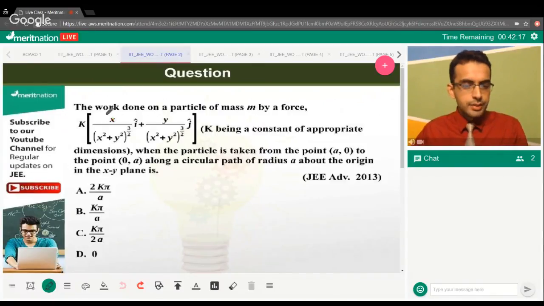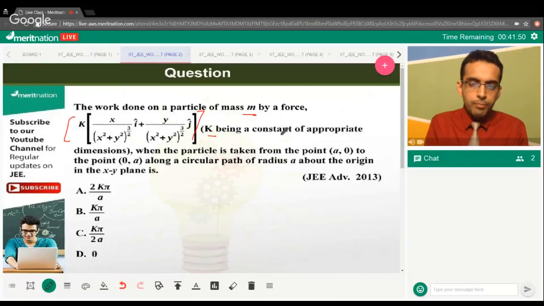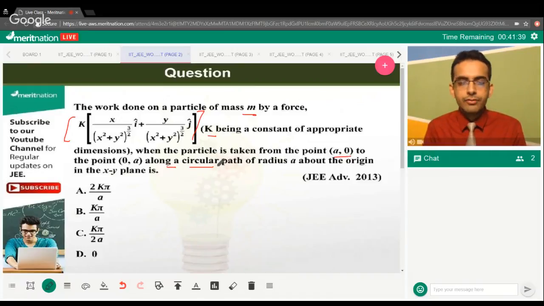The question says the work done on a particle of mass m by a force that is given as a function, where k is a constant, with the appropriate dimensions so that this expression is a force, when the particle is taken from point a comma 0 to the point 0 comma a along a circular path of radius a about the origin in the xy plane.